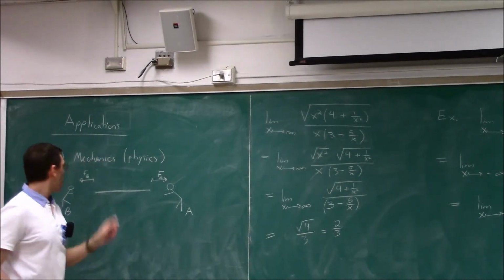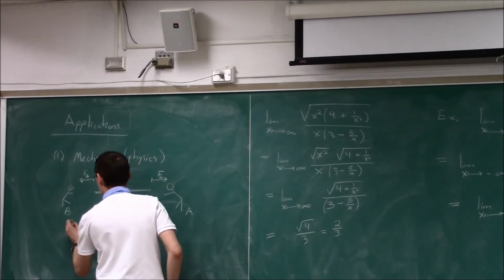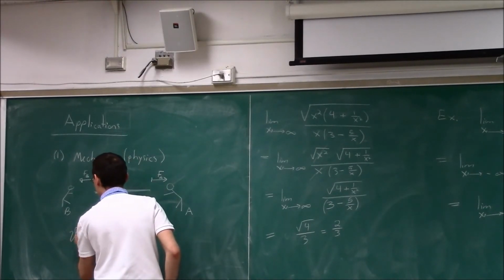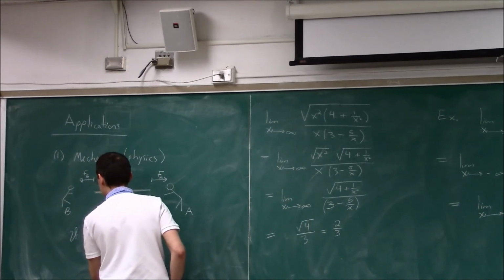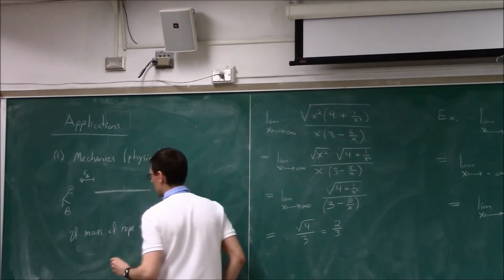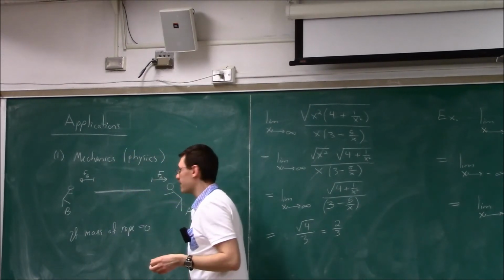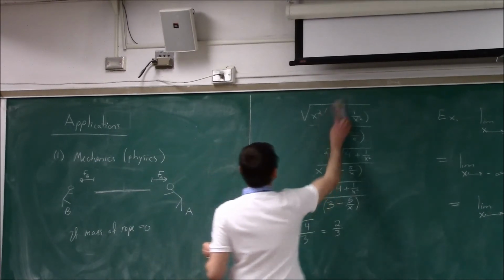Okay? The question is, how are the forces related? So if the mass of the rope is equal to 0, so the rope has no mass, how are F of A and F of B related?